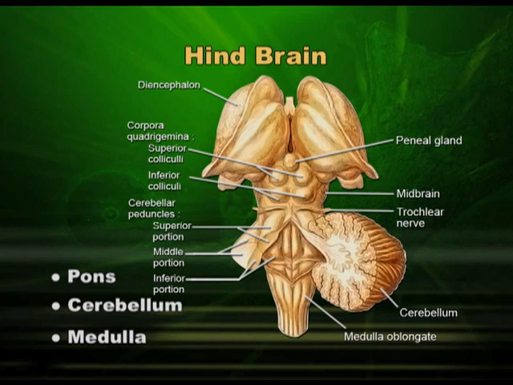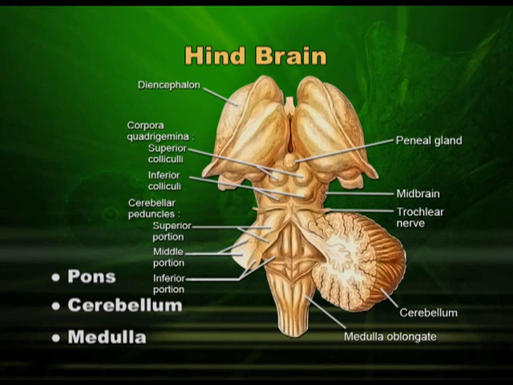Pons is just below the midbrain and of course very important, but when we come to cerebellum, you can see in this diagram, this is cerebellum. This has come to one side, increasing the surface area to accommodate more nerve cells.